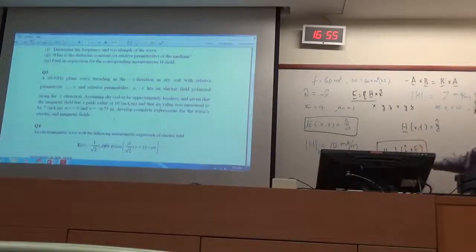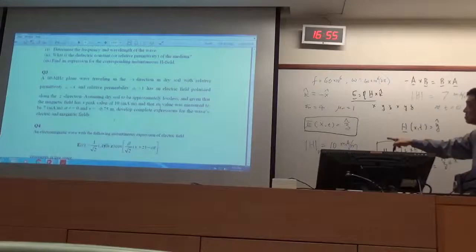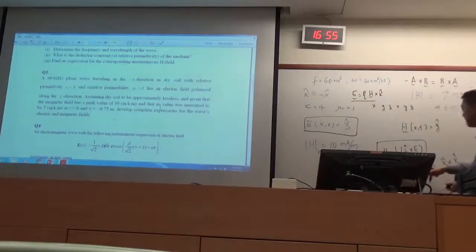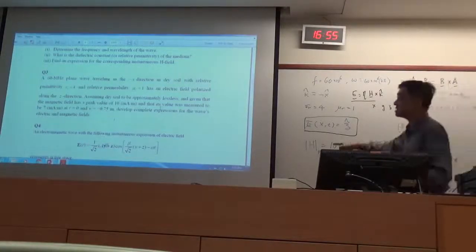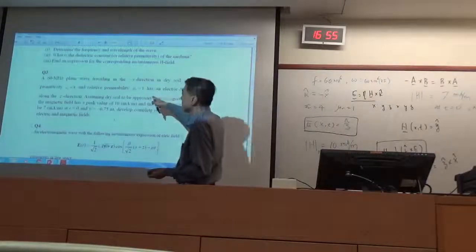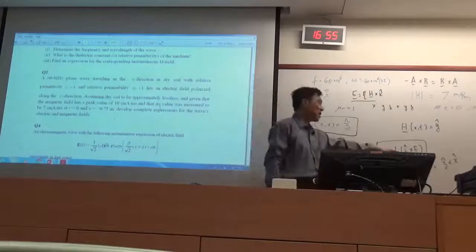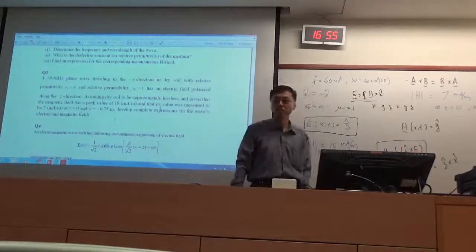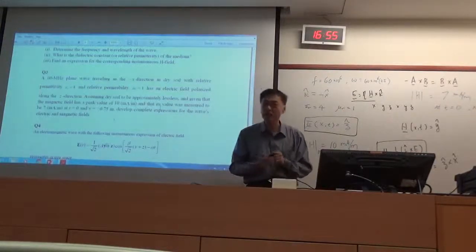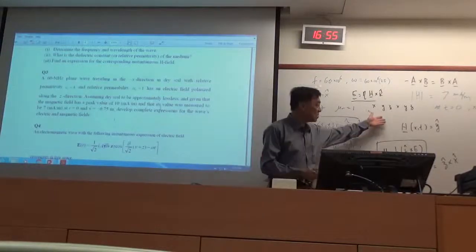So k is in the minus x direction, and E is polarized in the z direction. So it is minus x cross z. But how to get minus x cross z?